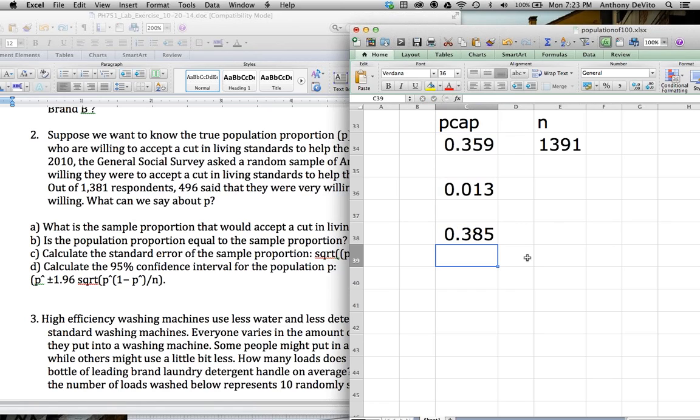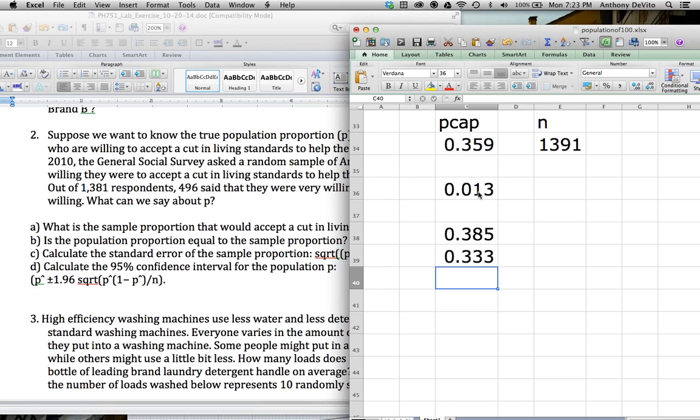And I'm going to look at the same thing below. It's equal to 0.359 minus 2 times our standard error.